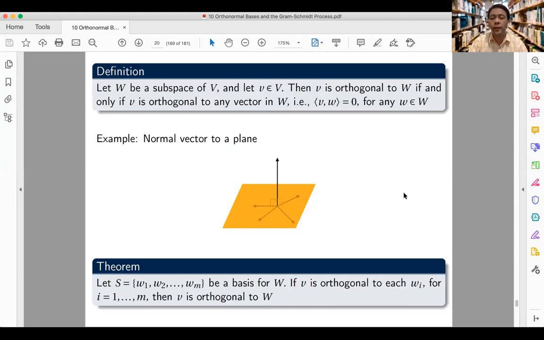But the good thing is you don't really need to do that. All you have to do is get a basis for W and show that V is orthogonal to each basic vector. If it is orthogonal to each basic vector, then automatically it is orthogonal to W, because the basic vectors span the other vectors.